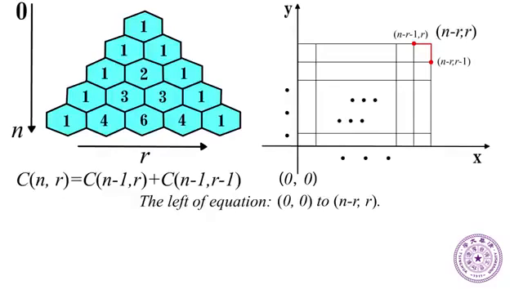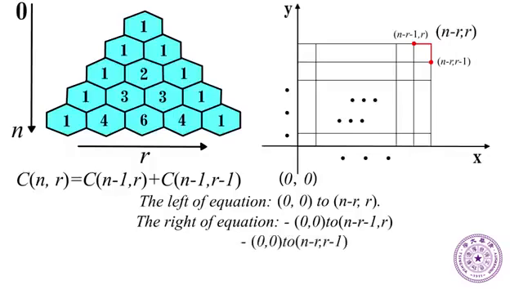This means that all the routes from (0, 0) to (n-r, r) are divided into two categories. The first one is to move from (0, 0) to (n-r-1, r). The second one is to move from (0, 0) to (n-r, r-1).